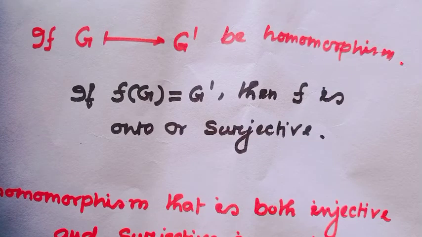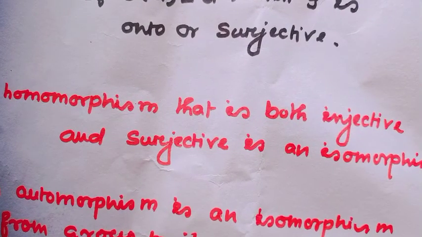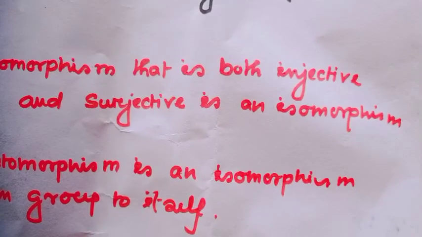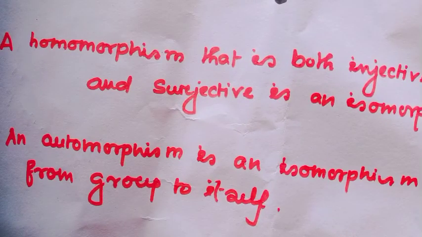Now, if G to G dash is a homomorphism and if f of G equals whole G dash, then f is said to be onto or surjective. Okay? And a homomorphism that is both injective and surjective is called an isomorphism. And an automorphism is an isomorphism from a group to itself.